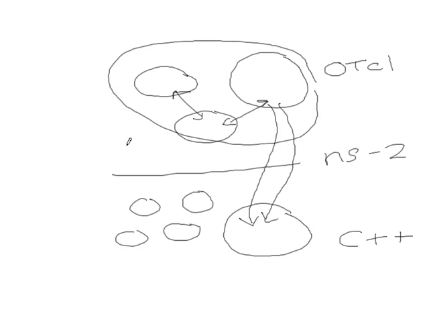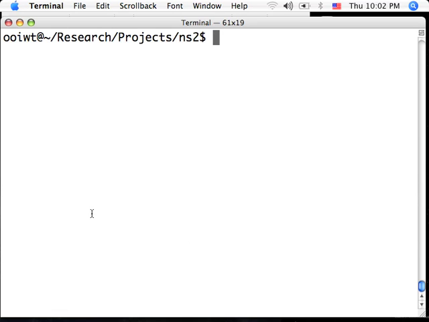On the other hand, if you want to implement your own protocol or modify the existing protocol, you would then have to go down to the C++ level and change or add a new protocol. With this background, I can now show you how to write a simulator in NS2.